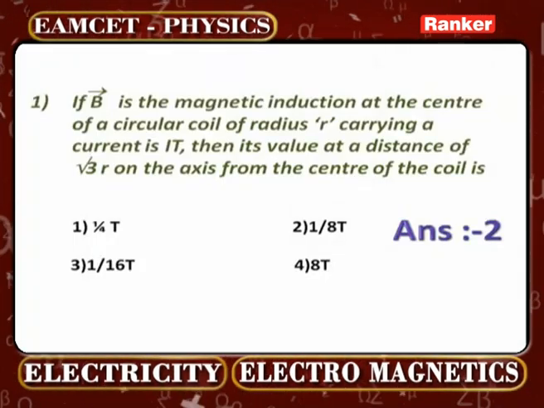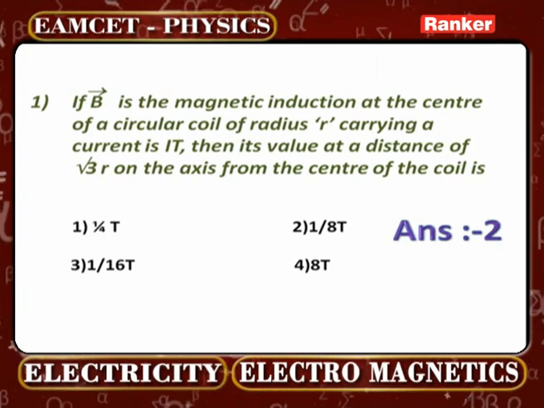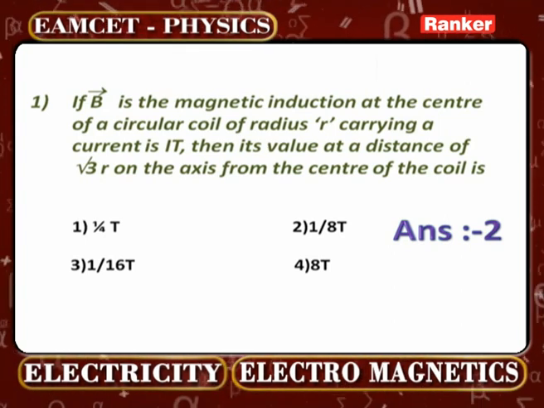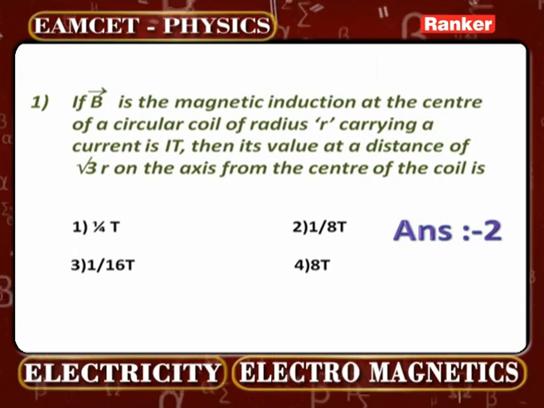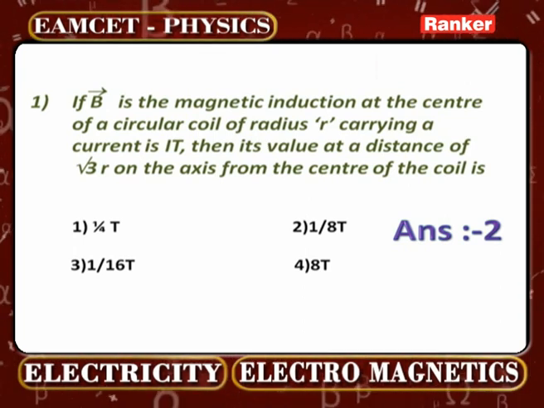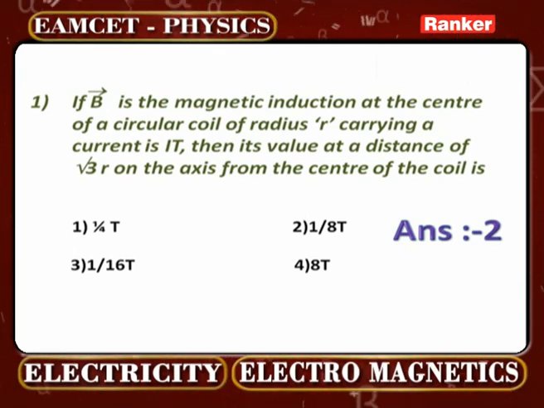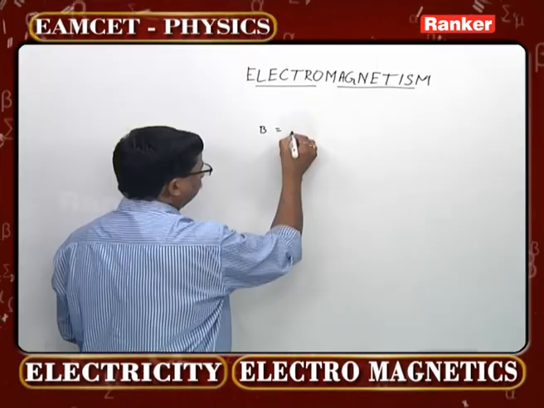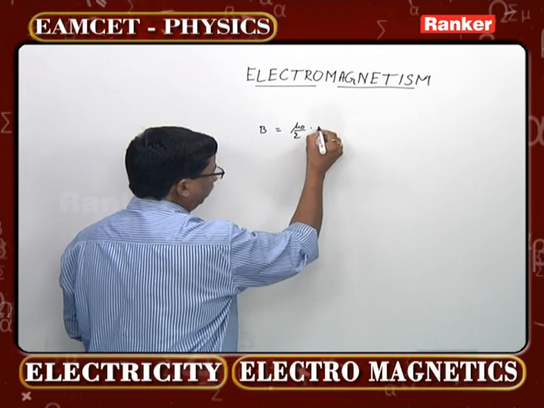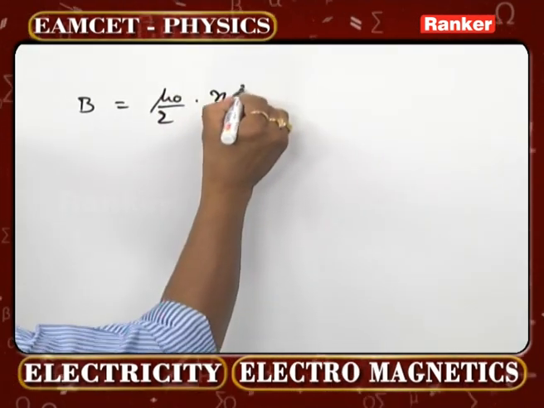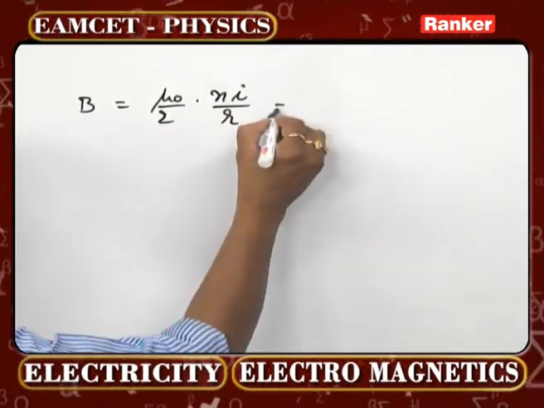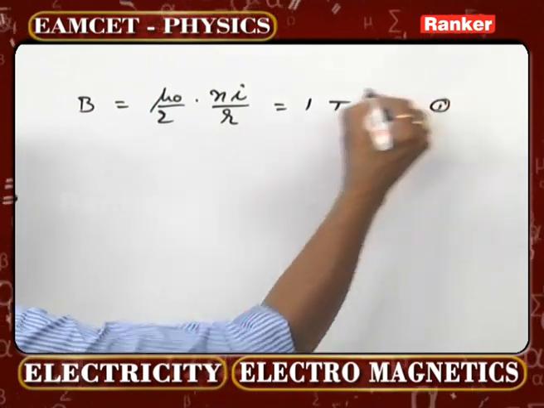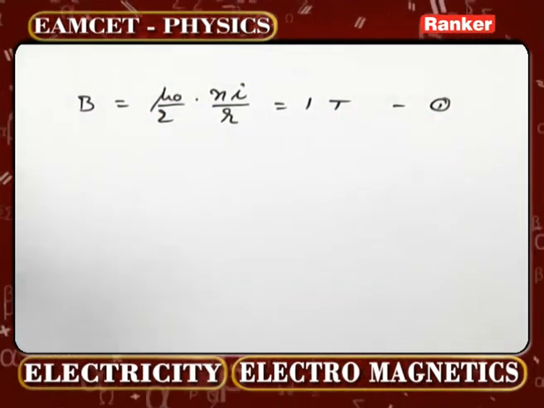If B bar is the magnetic induction at the center of a circular coil of radius r carrying a current, it is 1 Tesla. B bar is given as 1 Tesla, at the center. So you can understand B is equal to mu naught by 2 into Ni by R. This is the formula at the center of the coil.